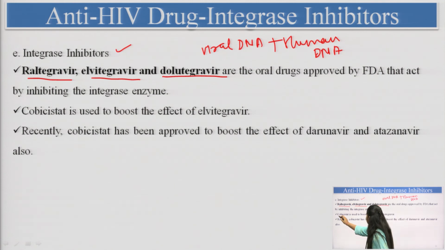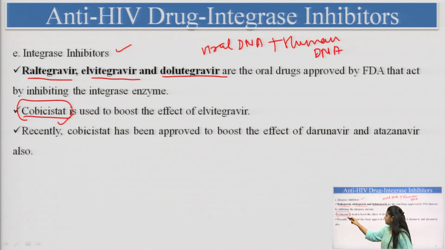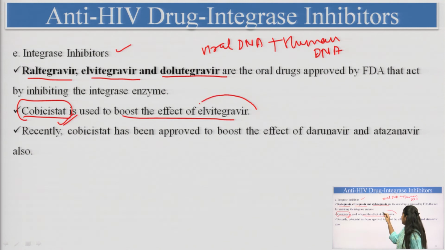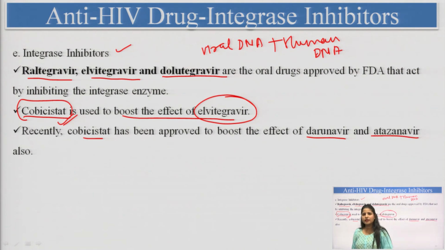There is one drug, cobicistat, which is approved for this combination. It acts as boosting therapy, boosting the effect of elvitegravir, and it is also given with darunavir and atazanavir. These drugs are given in combination to boost the therapy.